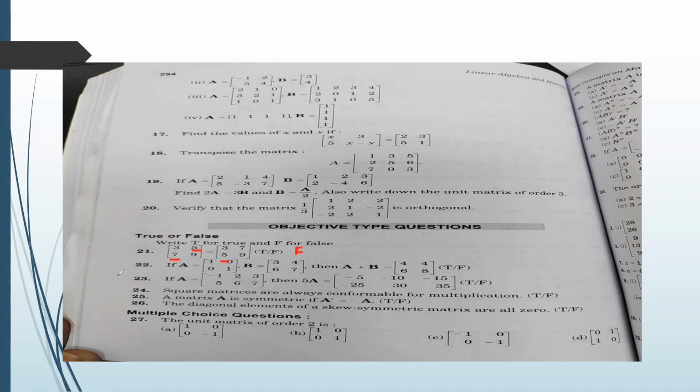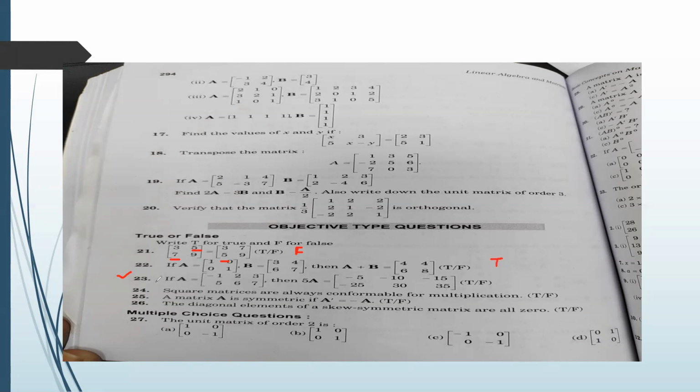Now we go for question number 22. If A equal to 1 0 0 1 and B equal to 3 4 6 7, then A plus B is 4 4 6 8. So first we add 1 plus 3 is 4, 0 plus 4 is 4, 0 plus 6 is 6, 1 plus 7 is 8. It means it is true.